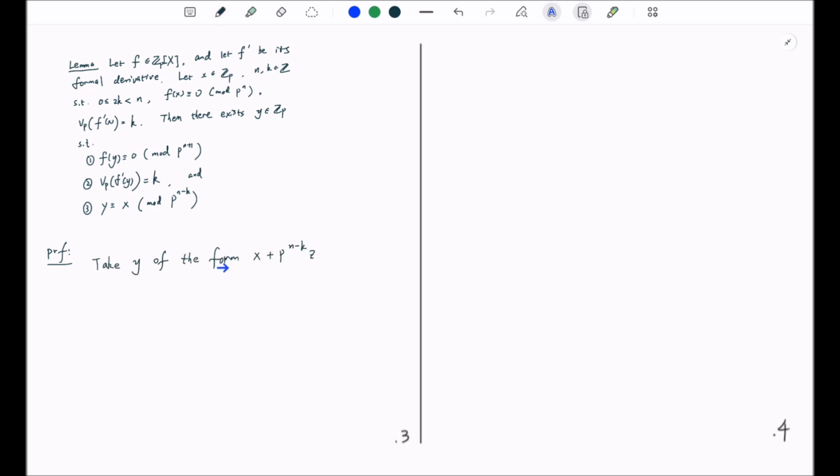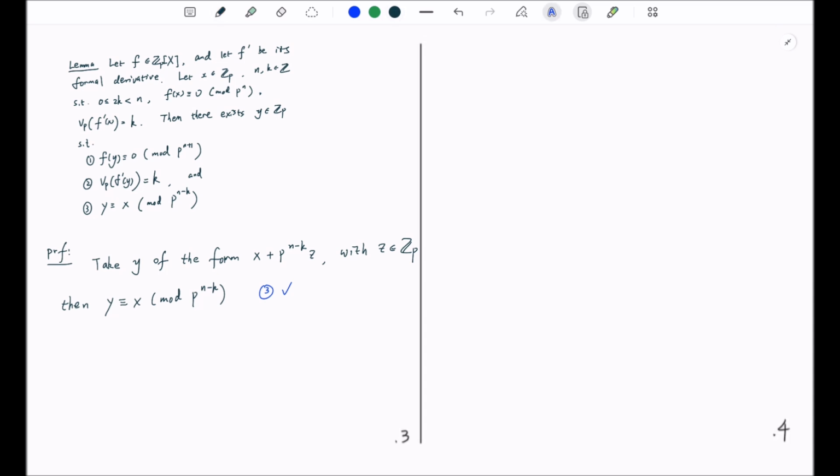We take y of the form x plus p to the power n minus k times z, where this little z is in Z_p. Then we immediately have number 3. Now our goal becomes, how do we smartly choose this z such that this y will satisfy number 1 and number 2.